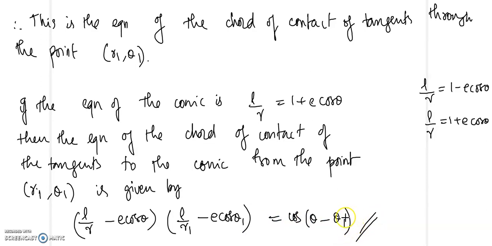So that is going to be the equation of the chord of contact when conic is in the form L by R equal to 1 plus E cos theta.